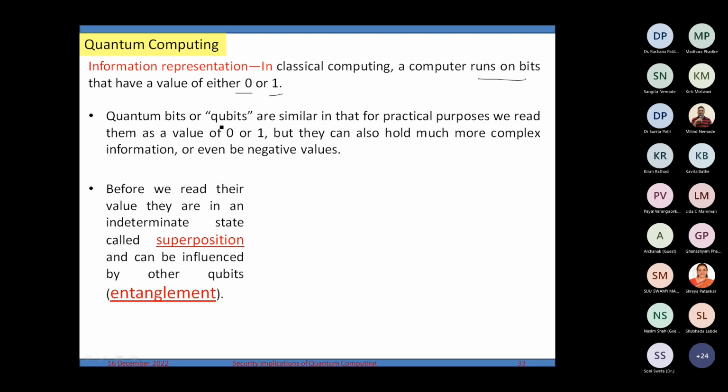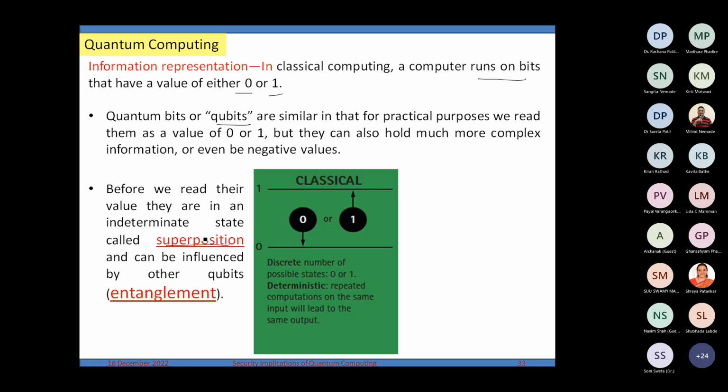Qubits are similar to our regular bits in implementation, in the sense that we read them as a value of 0 or 1 in the classical case, whereas in the quantum case you will have both 0 and 1. Because of that, we call it an indeterminate state, a superposition state.